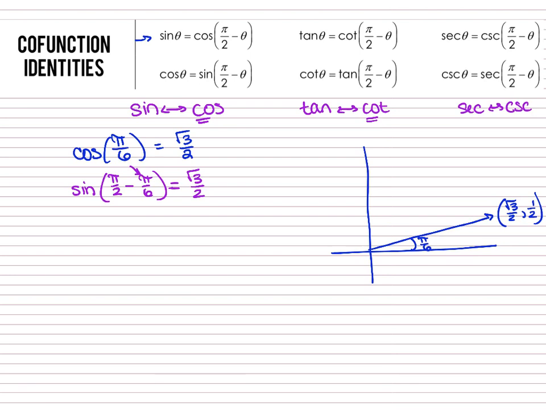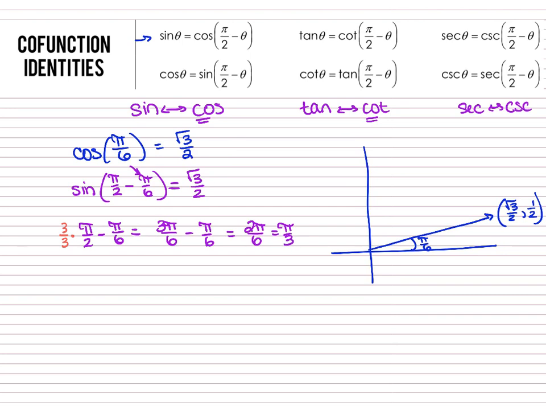If we have pi over 2 minus pi over 6, we need common denominators to subtract. So I'm going to multiply that first fraction by 3 over 3. Now I have 3 pi over 6 minus pi over 6. Subtracting those two, I end up with 2 pi over 6, or just pi over 3.